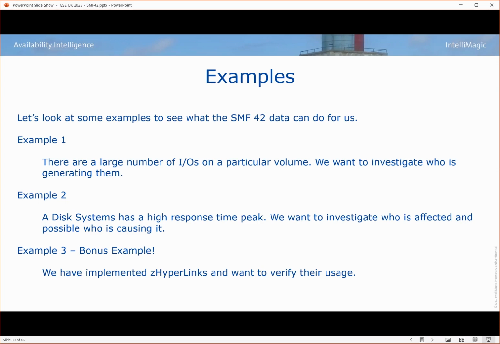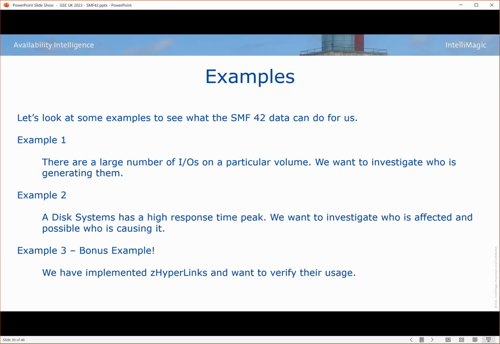So I've come up with some examples of how we can actually use this in our environment. The first example is we have a large number of IOs. We'd really just like to know, who's creating these IOs? Example number 2 is high response time. Who is affected and possibly who's causing it?